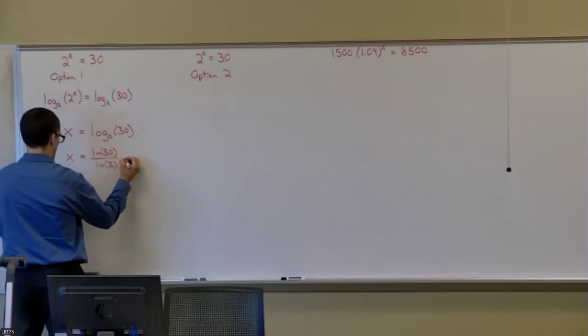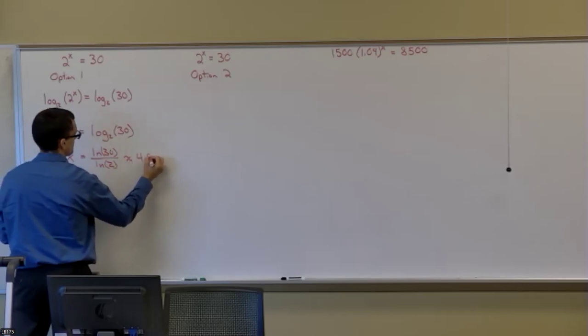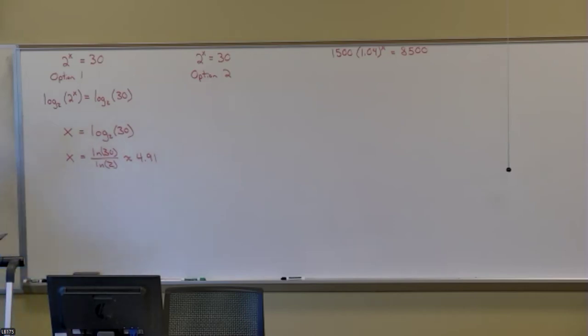We end up with about 4.91. So we're saying 2 raised to about the 4.91 power is 30. Again, you could have also plugged it in directly, not used the change of base. So that's option 1, just to use the base that we're given.